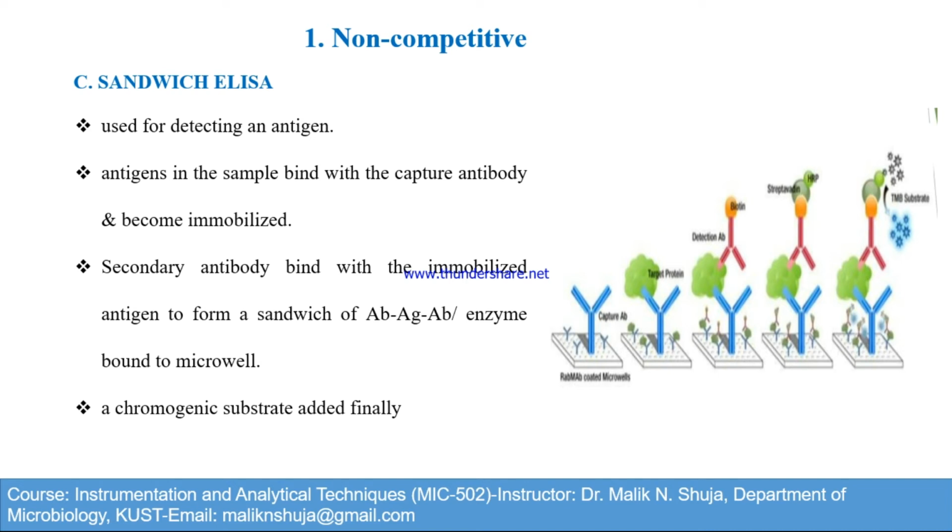Microtiter wells are initially coated with monoclonal antibodies called capture antibody, raised against the antigen to be detected, followed by the addition of a sample. Any trace of antigen is detected by adding primary antibody, usually monoclonal, followed by enzyme conjugated secondary antibody and a chromogenic substrate, or by directly adding an enzyme conjugated primary antibody.